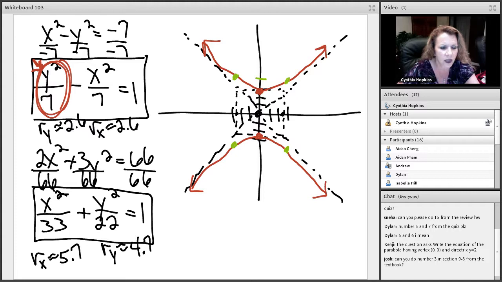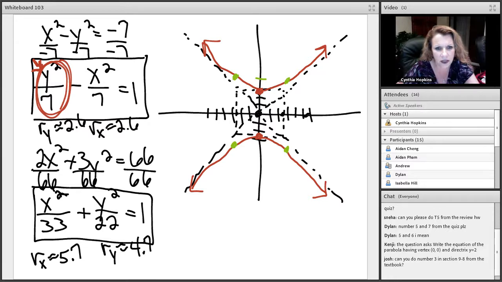In black. All right, so from the center, I'm going to go out left and right 5.7. So 1, 2, 3, 4, 5.7. Okay, that's 3, 4, 5, 6, 7. Oops, I went too far. All right, so 1, 2, 3, 4, 5.7 is what I meant to do.